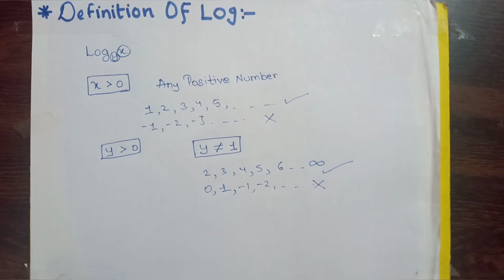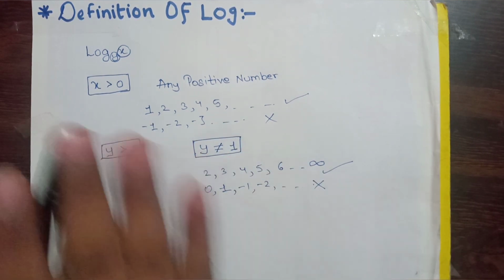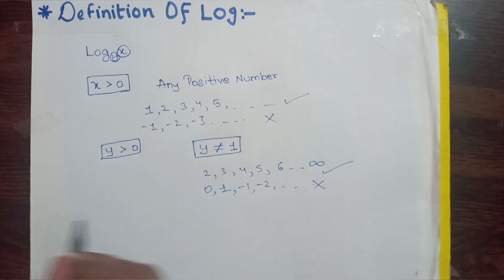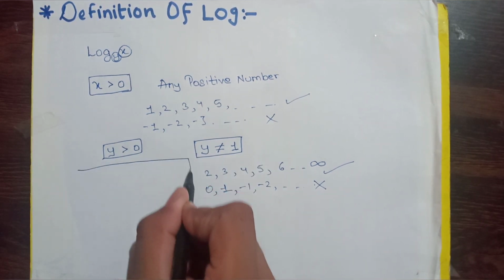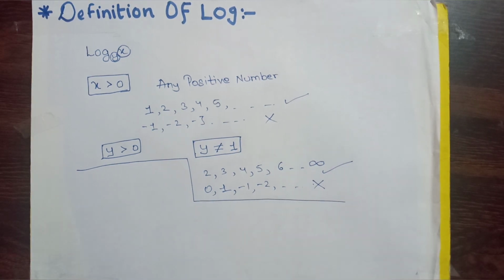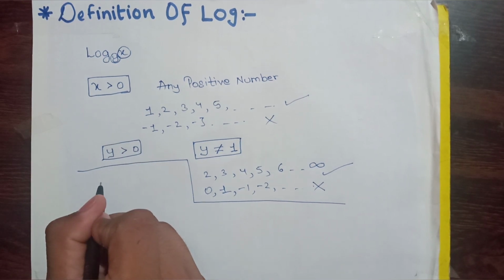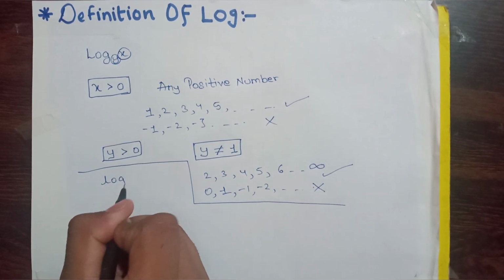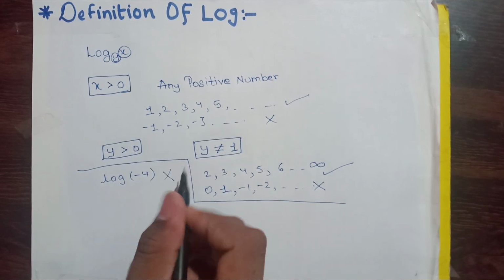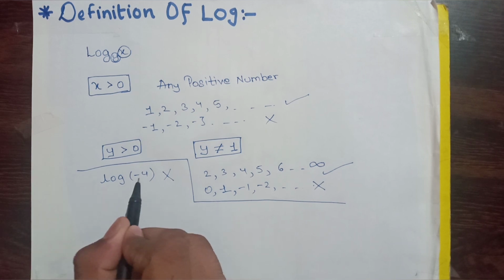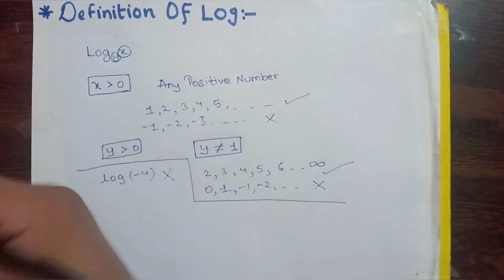There are a few points to be noted. We can't find the log of negative numbers. If it is given to find log of -4, it's not possible, as the condition says this number should be bigger than 0 and can be any positive number.